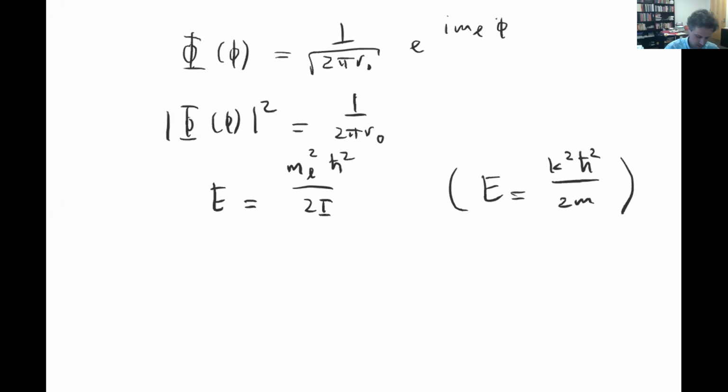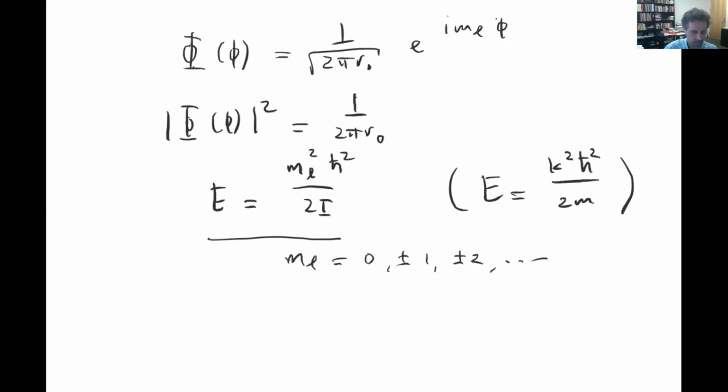So that's nice. Of course, as we can see here, the energy again is quantized because ml can only take on certain values. So the particle in the box, the particle in the ring, is a quantized system. The energies only take on discrete values defined by ml. ml, once again, is 0, plus or minus 1, plus or minus 2, and so forth, right?